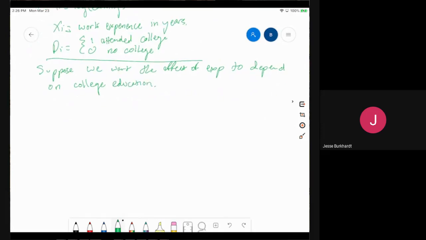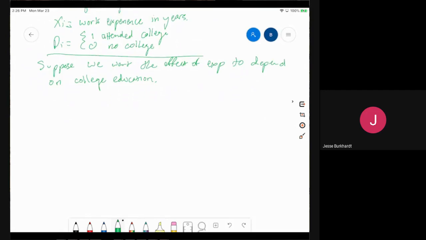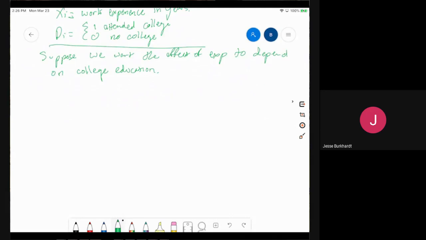How can we do this in our model? Well, we have an interaction. So let's adjust our model so that we now have an interaction term.